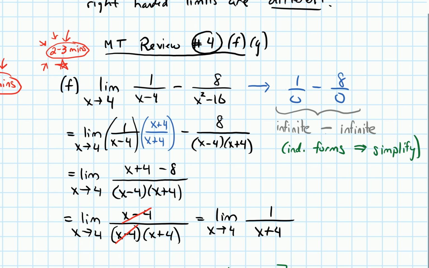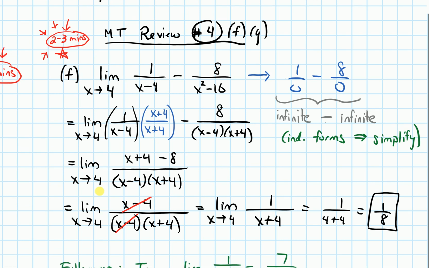All right, now we can plug in. On the top we get 1, on the bottom we get 4 plus 4, and that is 1 over 8. And that's my limit. So this indeterminate form, this thing that was like infinity minus infinity, ended up being a finite number. It ended up being 1 over 8.